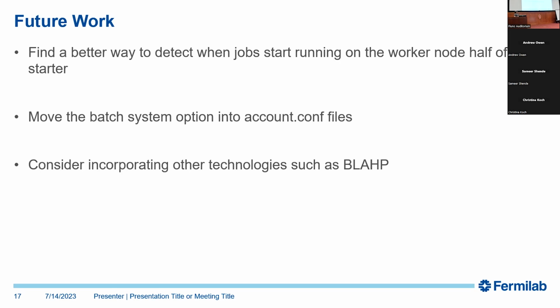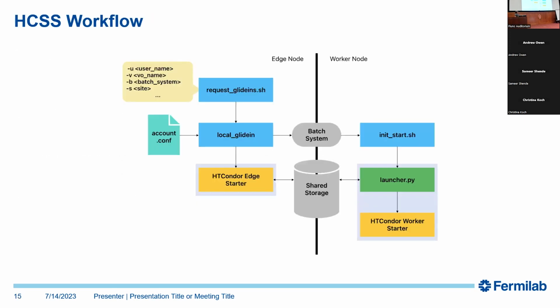But the first one here is the biggest concern that I have. The problem is, because of the way it works, let me just go back a few slides here. The starter running on the edge node here will start running immediately when you call the local gliding script. It will report back to a control pool and make itself available to run jobs.